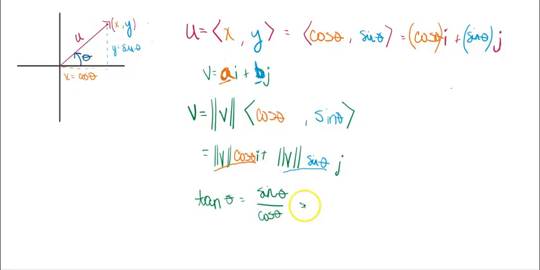And here I could multiply both the numerator and the denominator by the same thing. So I'm going to multiply both the numerator and the denominator by the magnitude of v.